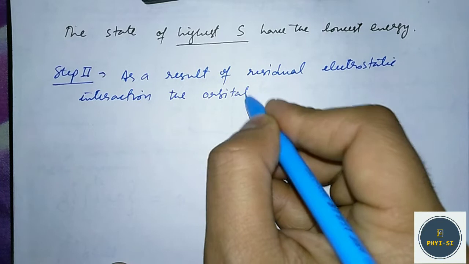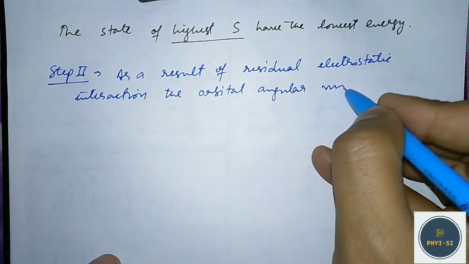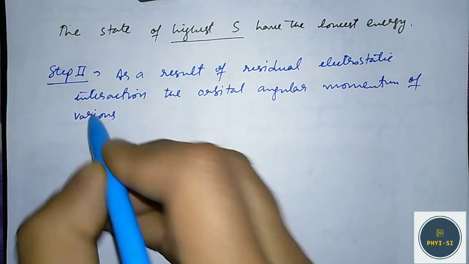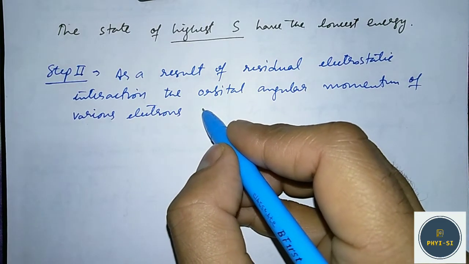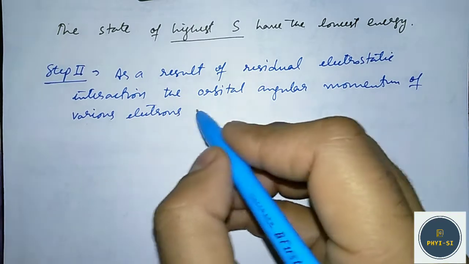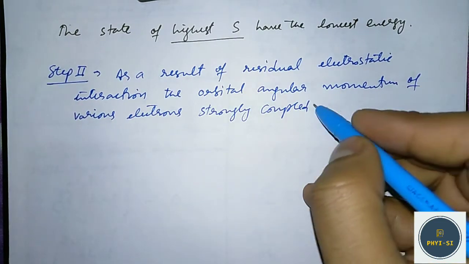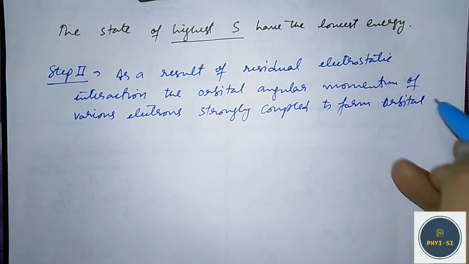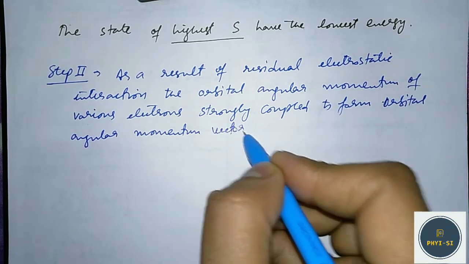The orbital angular momentum of various electrons, meaning the orbital electrons, strongly couple to form the orbital angular momentum vector L.